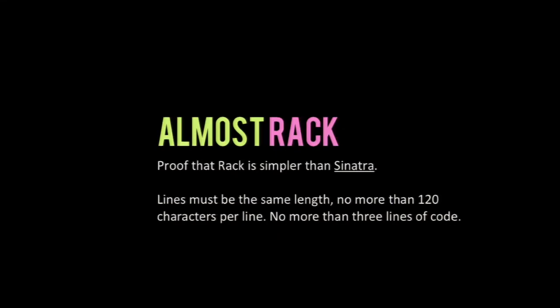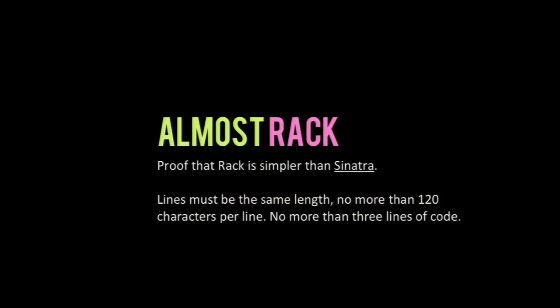So Almost Sinatra actually has one real downside. Rack is a huge dependency. Like all that logic in Rack. So I wrote Almost Rack, to prove that Rack is actually simpler than Sinatra. It has some slightly different rules. For instance, all the lines must be the same length because it looks nice.